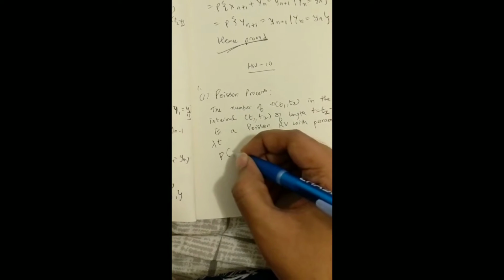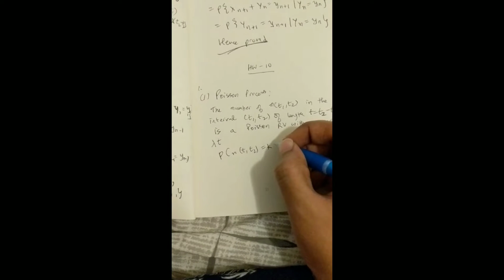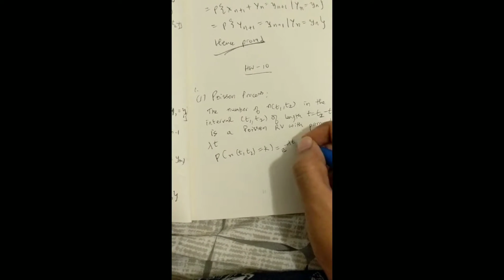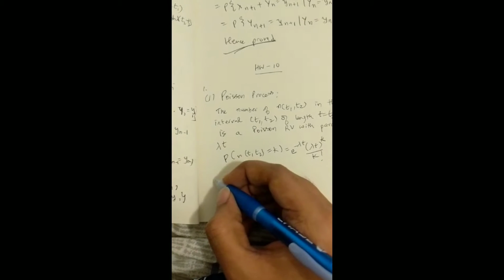So p of n of t1 comma t2 equal to k is equal to e to the minus lambda t, times lambda t to the power of k, divided by k factorial.